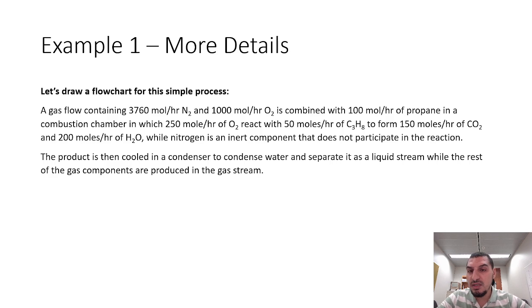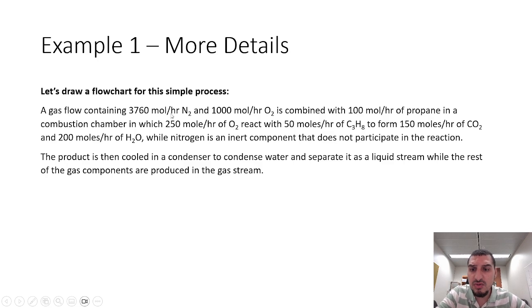We will redraw the same flowchart, but with some more information that is given here. So we are told that the number of moles of nitrogen is 3,760 moles per hour, and the oxygen is 1,000 moles per hour. Then we have the flow rate of the propane, which is 100 moles per hour.